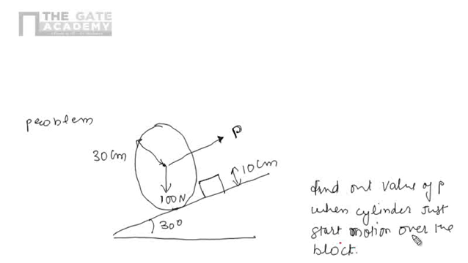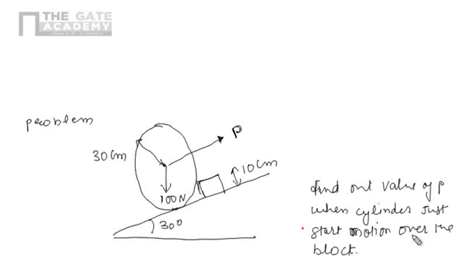So we are interested in the value of P such that this cylinder will just start motion over this obstacle. So just start motion, it means it is in limiting case, means it is in limiting equilibrium. So we can apply the condition of equilibrium for solving this problem.